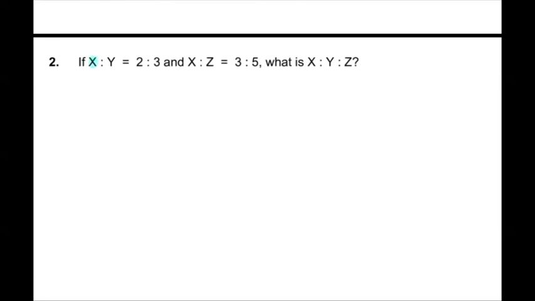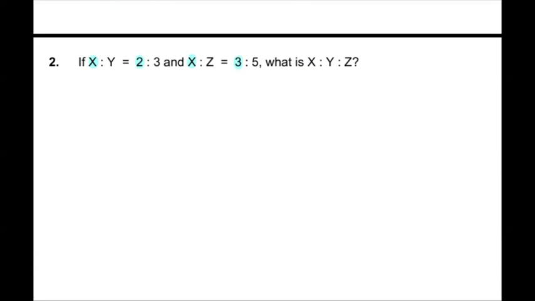The first is X to Y. The second comparison is X is to Z, which is 3 is to 5. Now, ask yourself if the character is the same. By right, if the characters are the same, they should have the same parts. However, in the first scenario, when you compare X is to Y, the ratio is 2 is to 3.